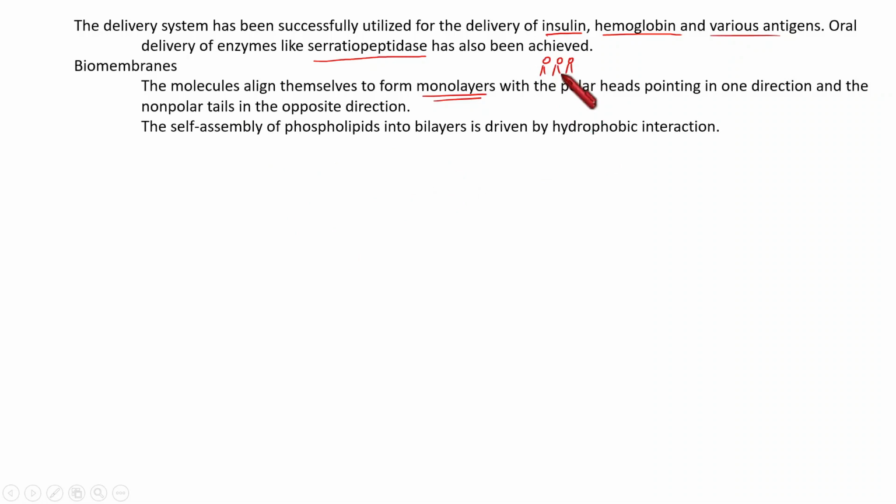And also it can form bilayers. These bilayers form through hydrophobic interaction. These are all the properties.